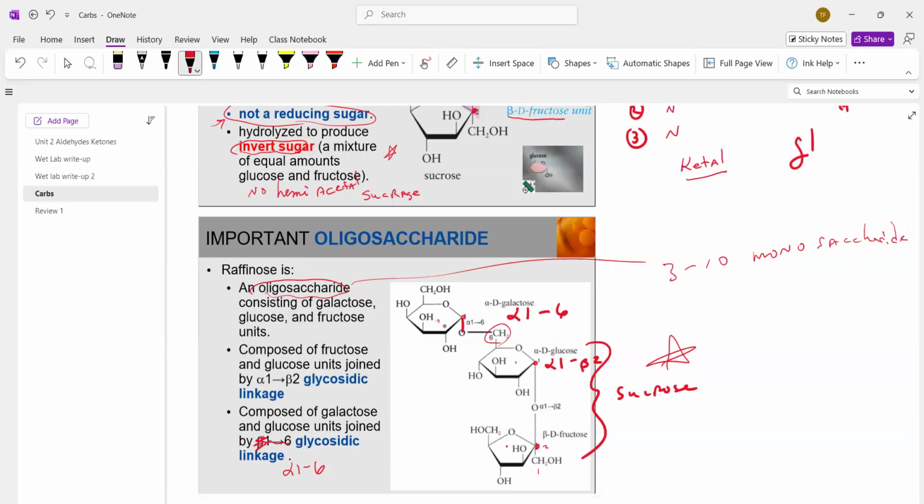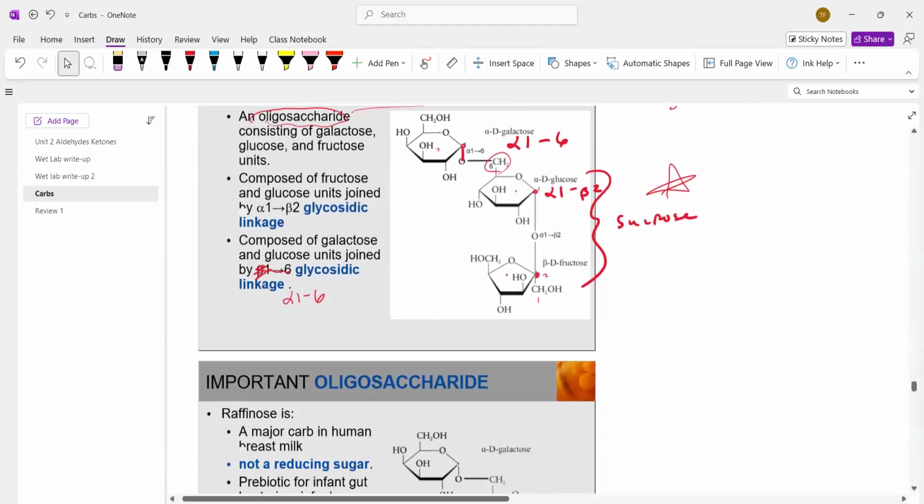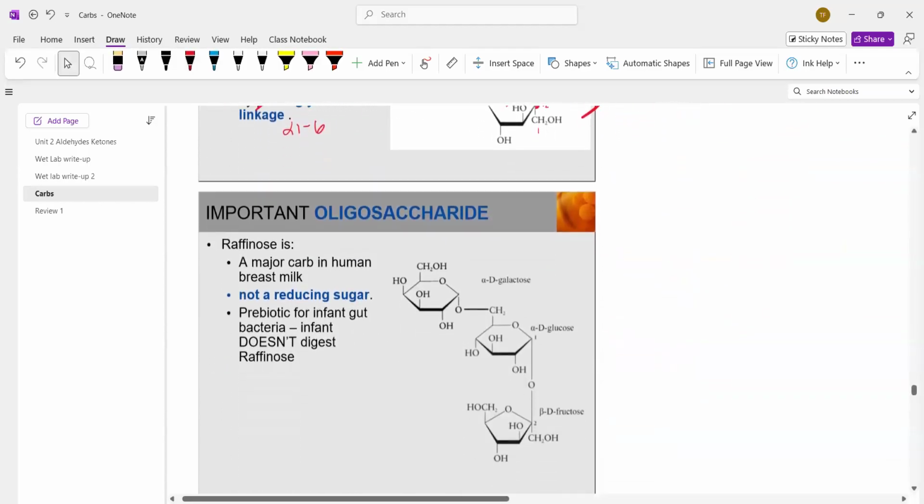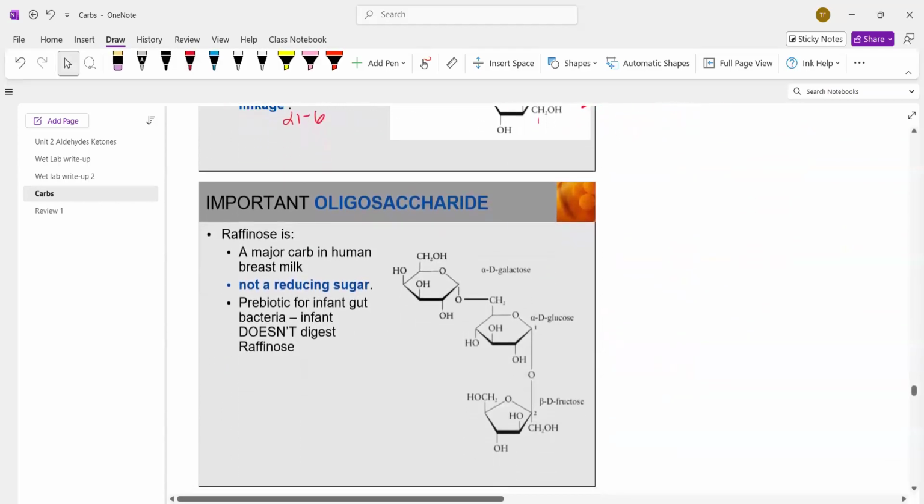Now, why I chose this one as an important oligosaccharide, it's a major carbohydrate in human breast milk. When babies are born, they have a lot of interesting things going on during the birthing process. One is the sharing of the mother's microbiome.